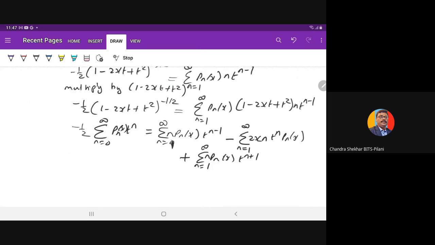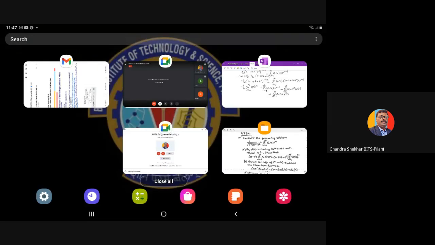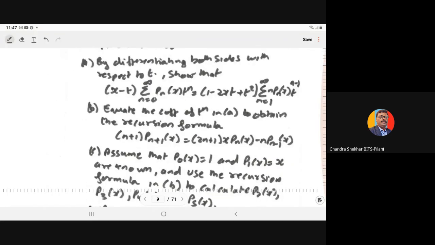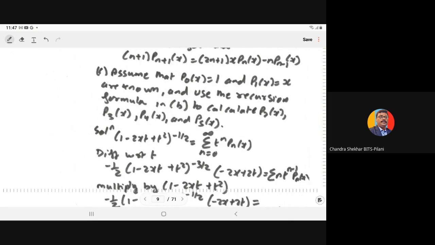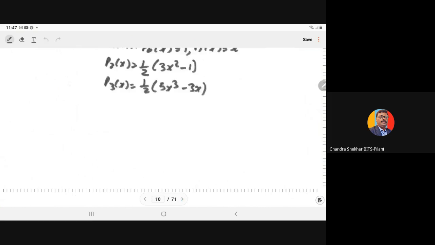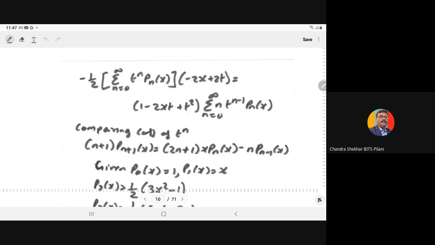So now, on comparing the coefficient of t to the power n, we have the following recurrence relation.